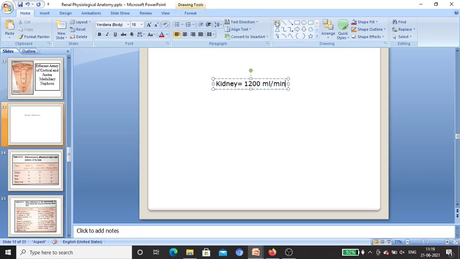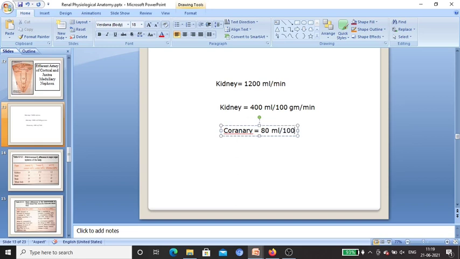If we come to per 100 gram of tissue, then the kidney receives around 400 ml per 100 gram of kidney tissue per minute. While if we compare this parameter to other organs, the coronary tissues get only 80 ml of blood per 100 gram of tissue per minute.